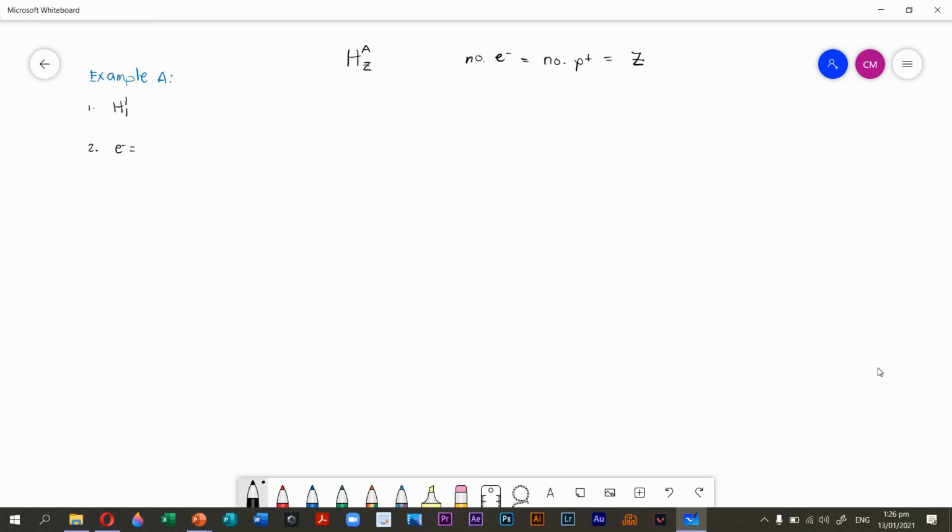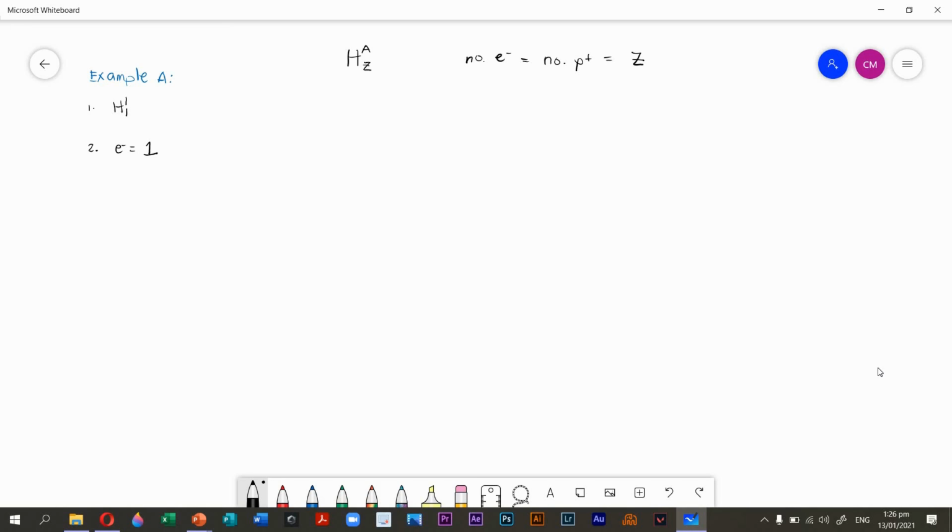The number of protons is not listed either, but you know the atomic number. In the case of hydrogen, the atomic number is 1. Therefore, there is only 1 electron. That completes the second step of our operation.